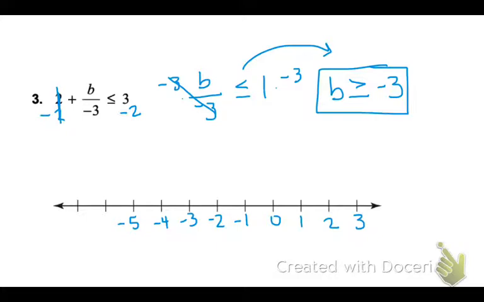It is going to be a closed circle at -3. Since it is greater than or equal to, it can be part of the solution, and all the numbers that would be greater than or equal to -3.